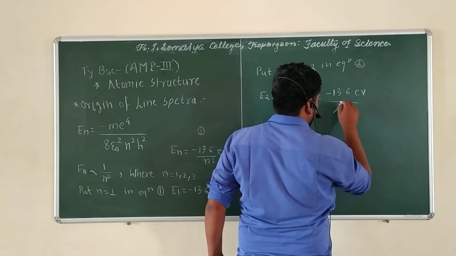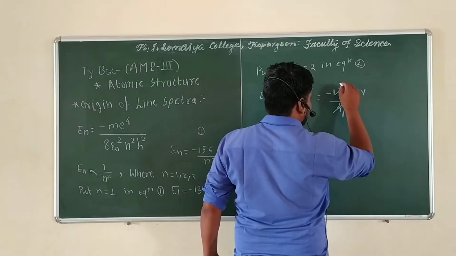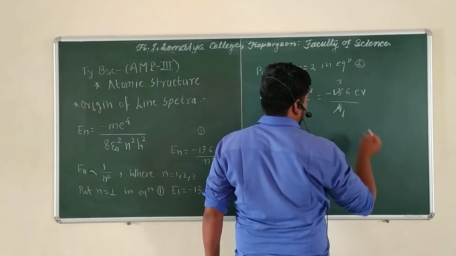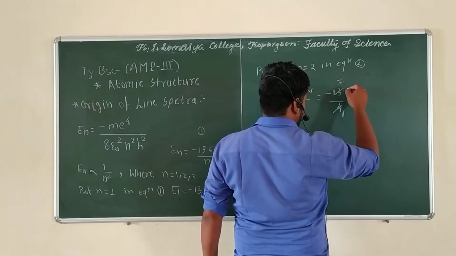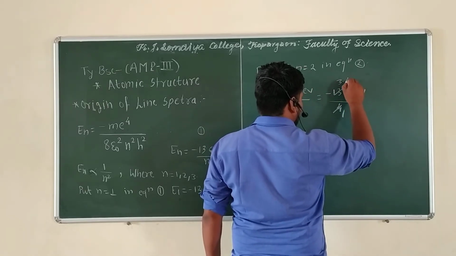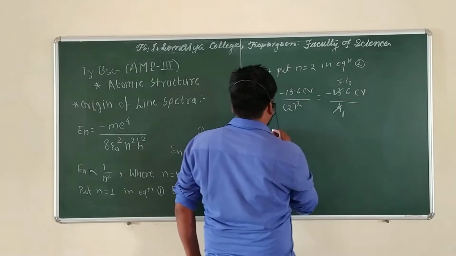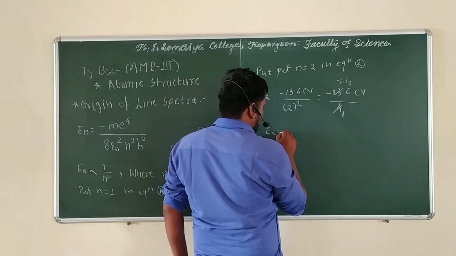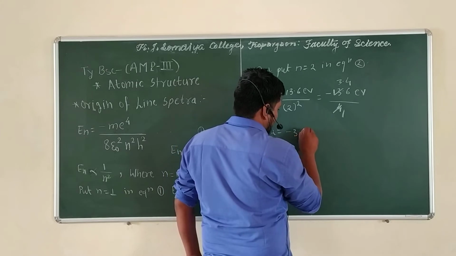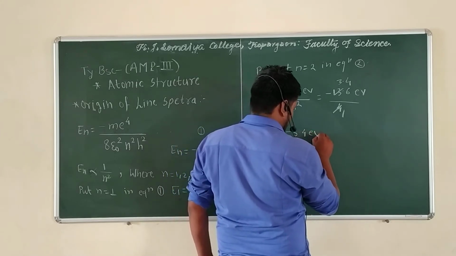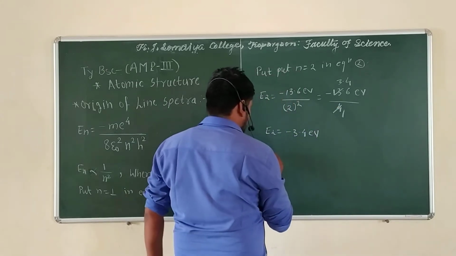Dividing, we get 3.4, and with the minus sign, the final E2 value is minus 3.4 electron volt.